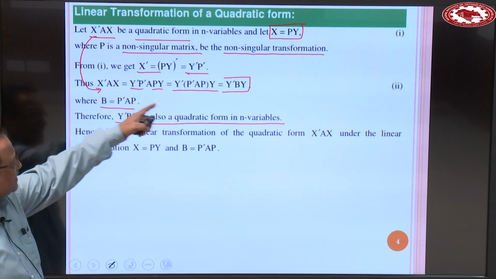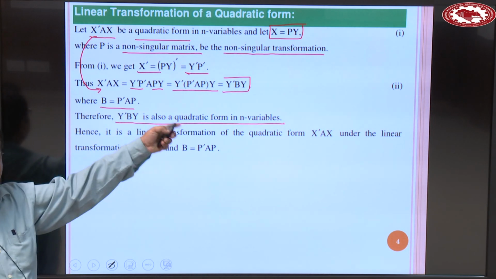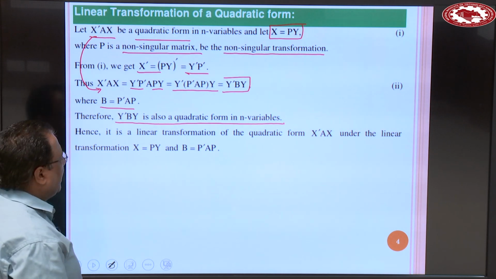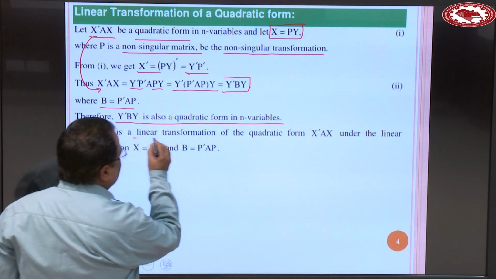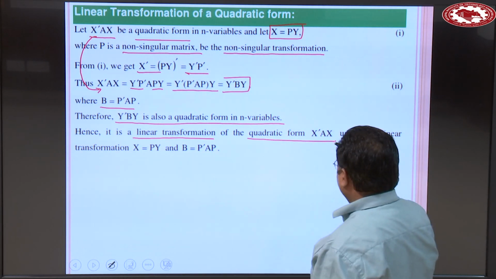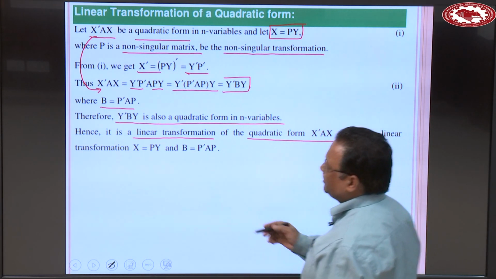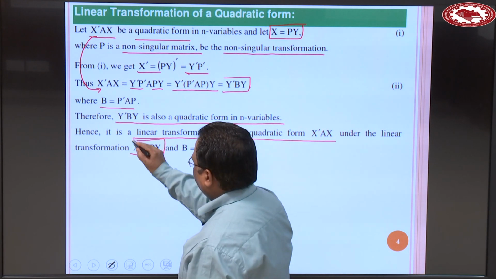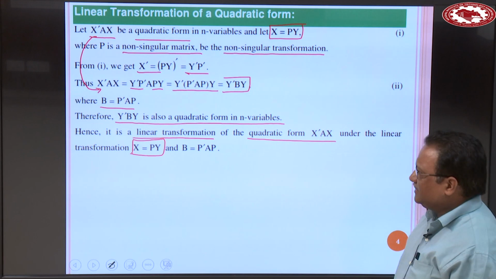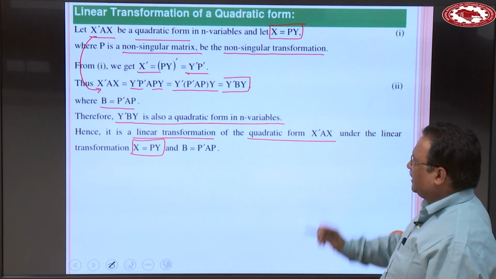Because x'Ax is y'By. So y'By is also a quadratic form in n variables. So it is a linear transformation of the quadratic form x'Ax under the linear transformation x equal to Py, where B is equal to P'AP.